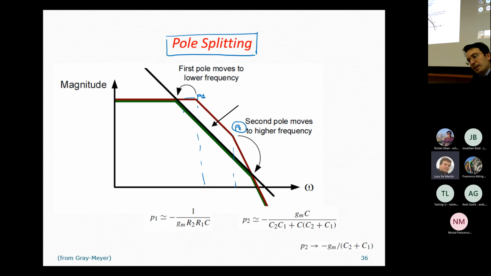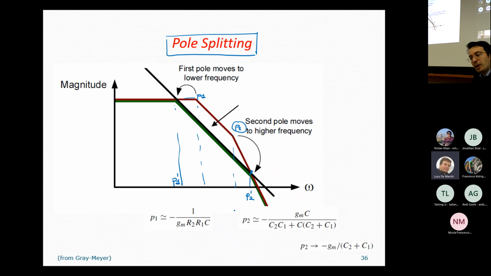In the second case, we have the pole splitting, so this green curve corresponds to P1 placed at lower frequencies, while P2 is placed at higher frequencies. This is it. So the new P, let's say P1 prime is this one, P2 prime is this one.